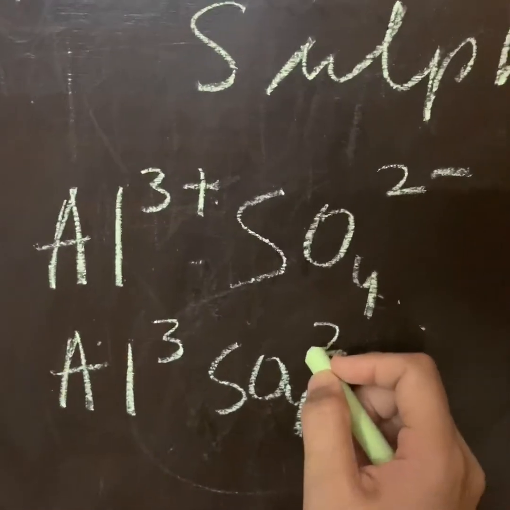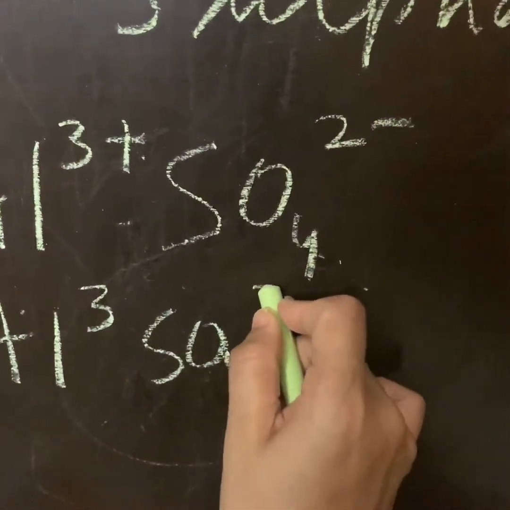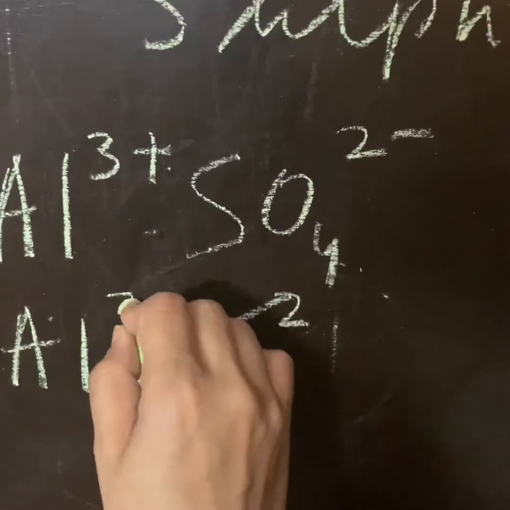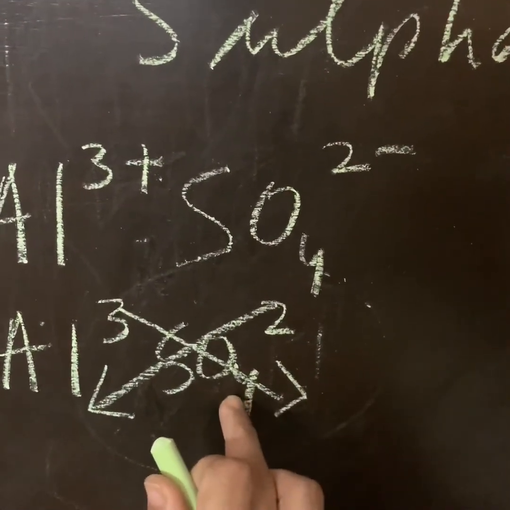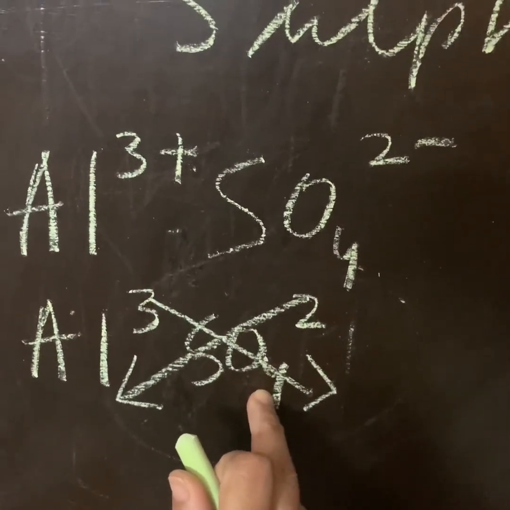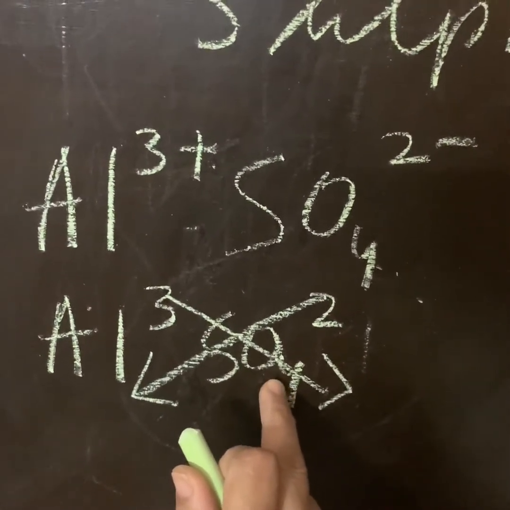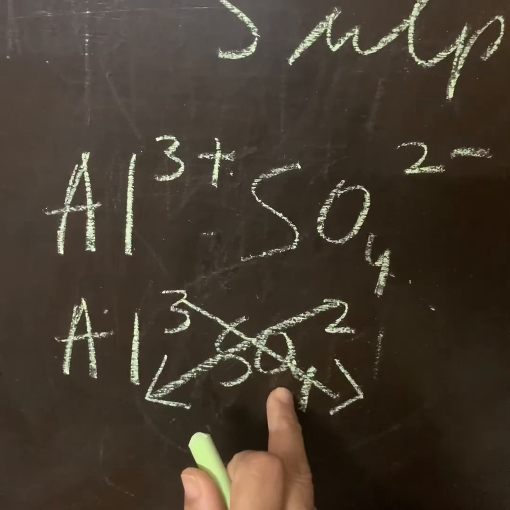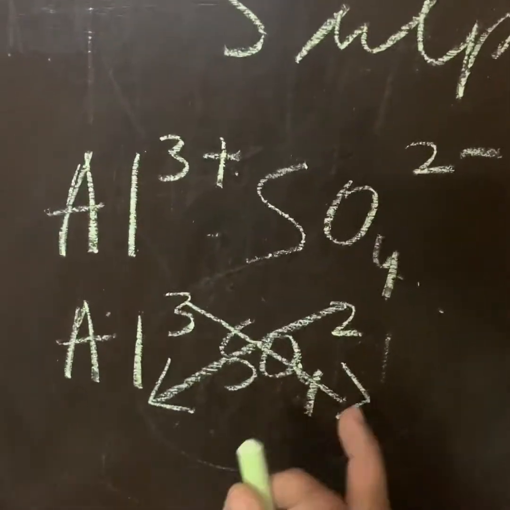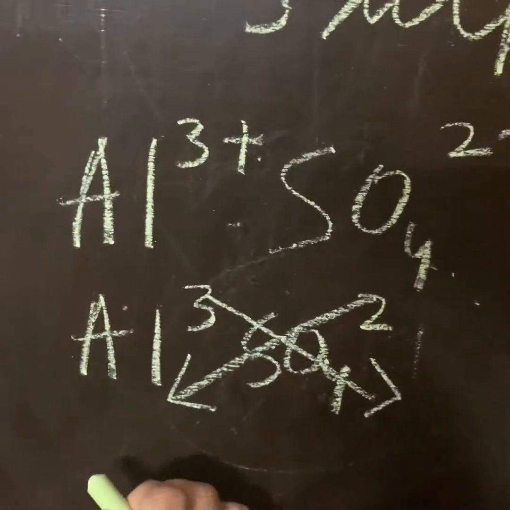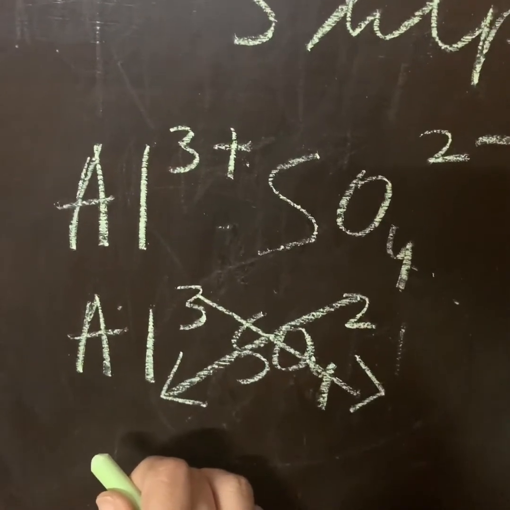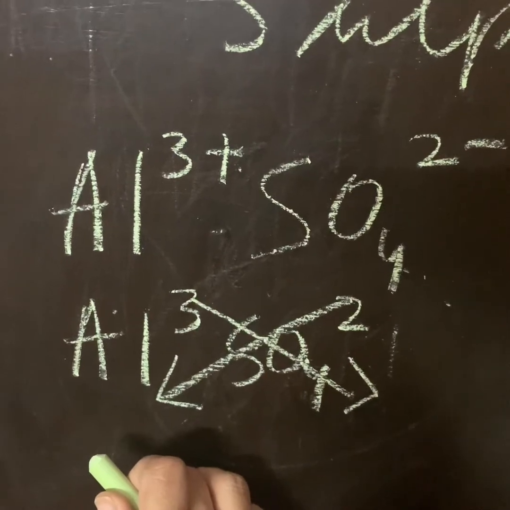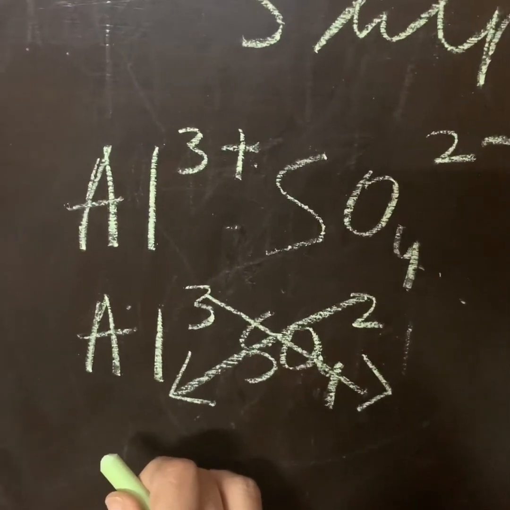Now you have to crisscross the charges of both the cation and the anion, right? You cannot crisscross the 4 which is written in the subscript of oxygen because they are atoms, there are 4 atoms of oxygen. You can only crisscross the charges. Then you write the crisscrossed charges at the bottom right of the symbols of both the ions, cations and anions.